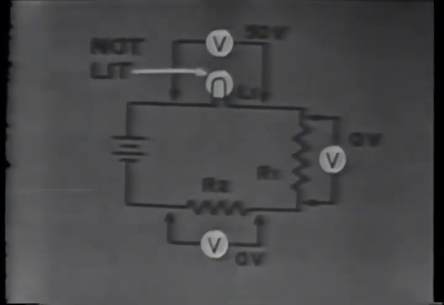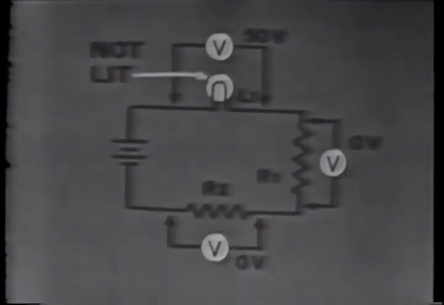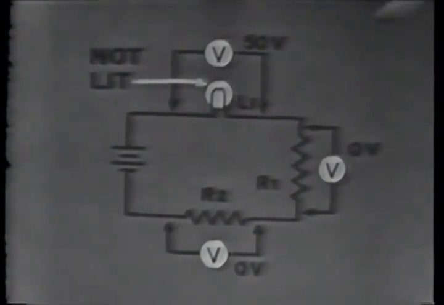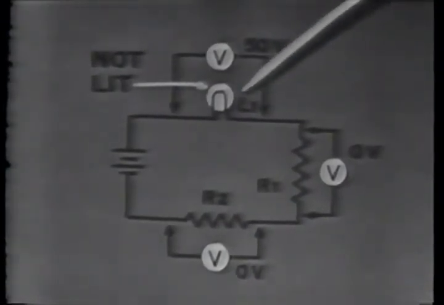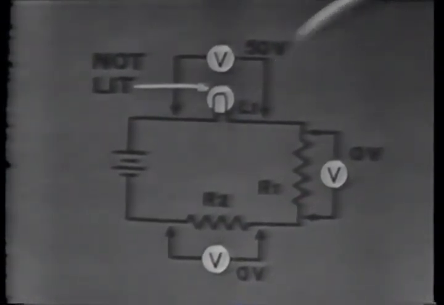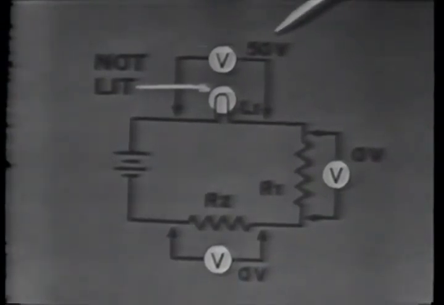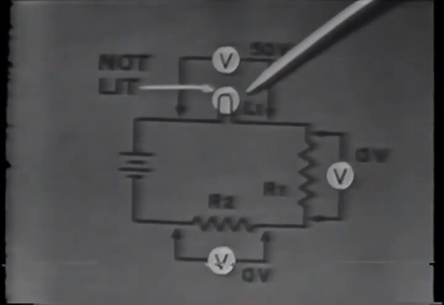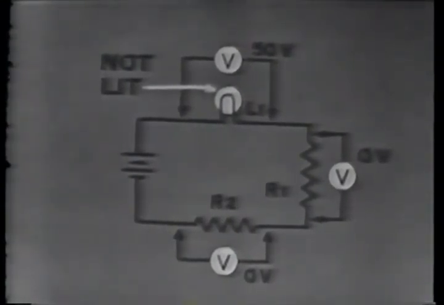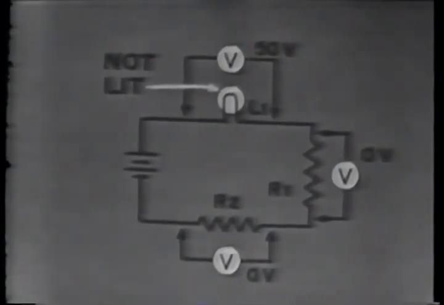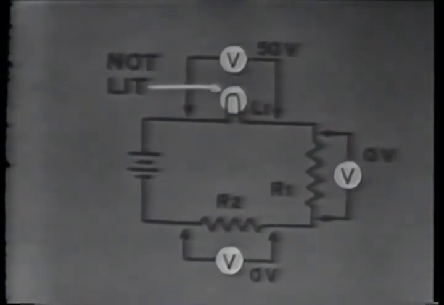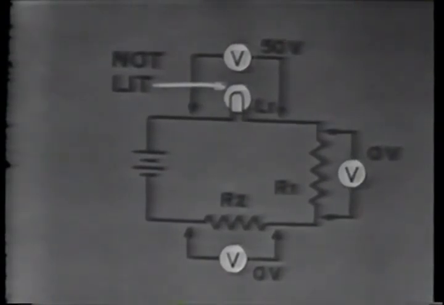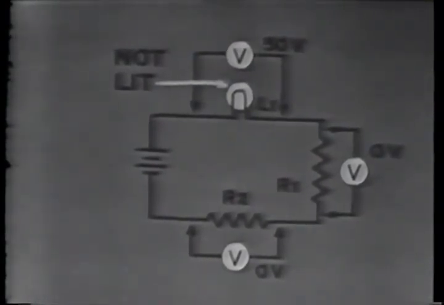Had they been open, there would be no voltage across the lamp. So this boils our trouble down to the lamp. Having 50 volts across it and yet not being lit, L1 has to be open. So, with the voltmeter readings as indicated, L1 is open, and R1 and R2 are neither open nor shorted.